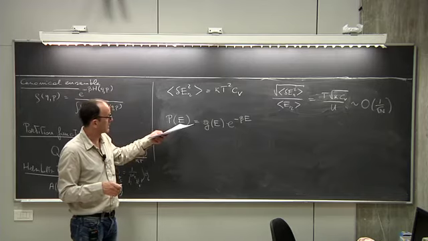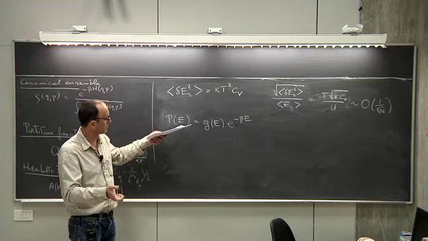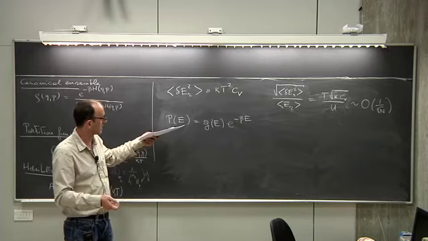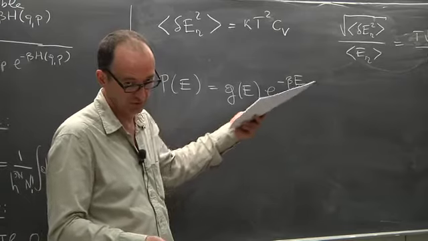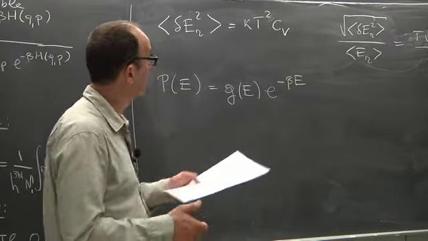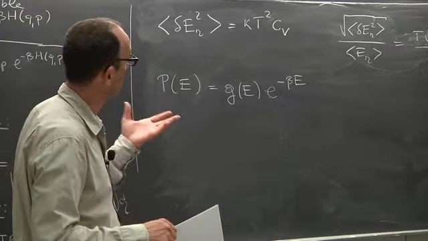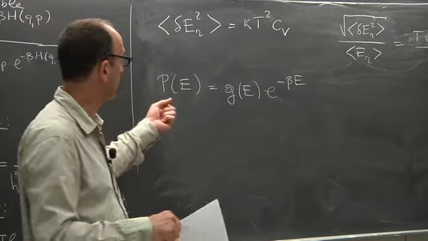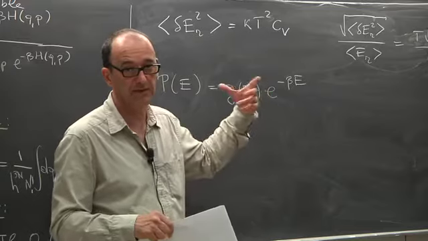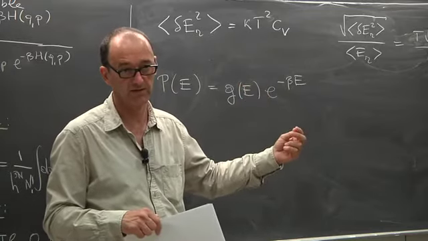So you can think that every time you look at the system, you are drawing a random energy from this distribution. Okay? So it must be that if the fluctuations of the energy are very, very small, this probability distribution must be very, very concentrated.